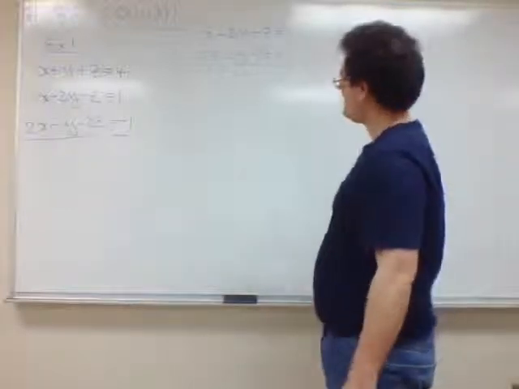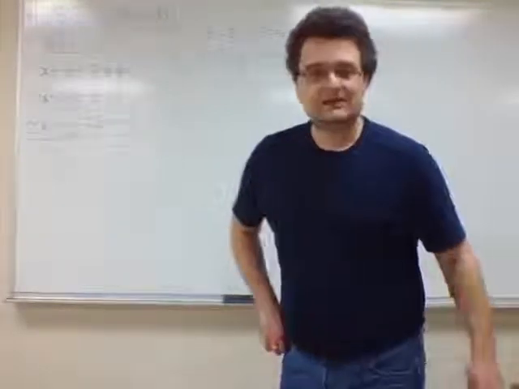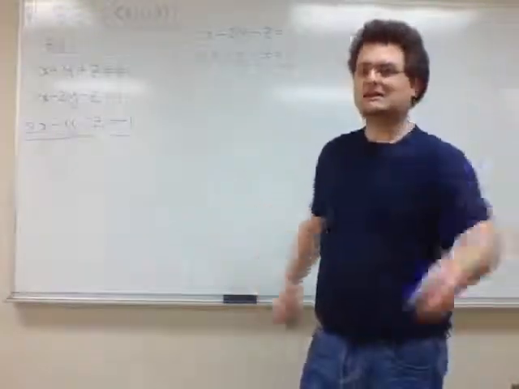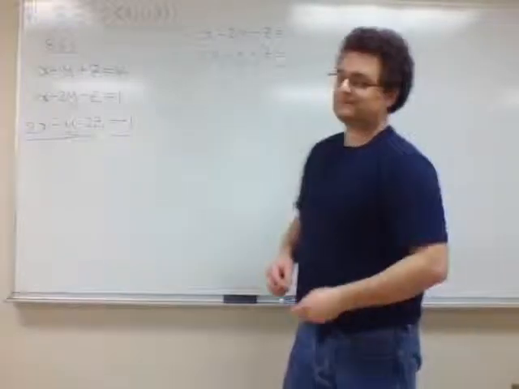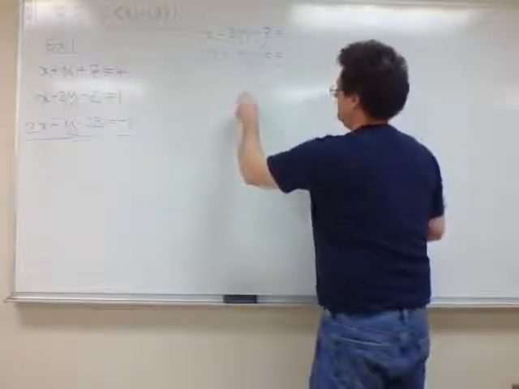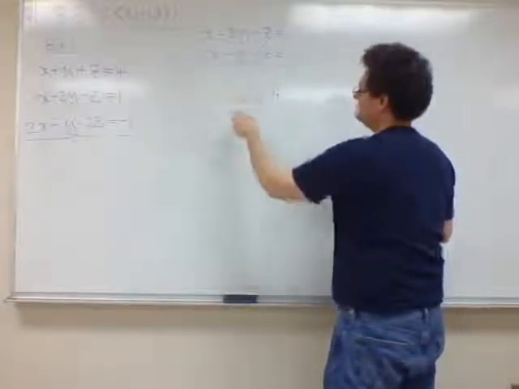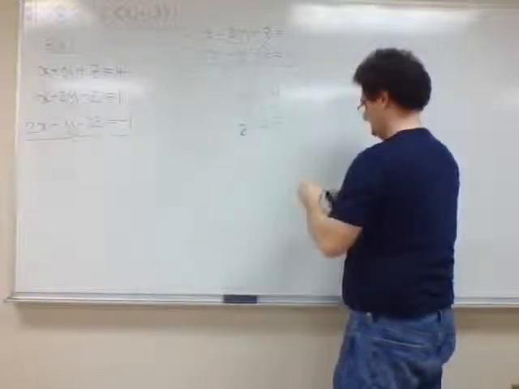Now, let's play it again. First time we eliminated x. Now let's eliminate one of these, y or z. Again, if it turns up heads, it's going to be y. If it turns up tails, it's going to be z.